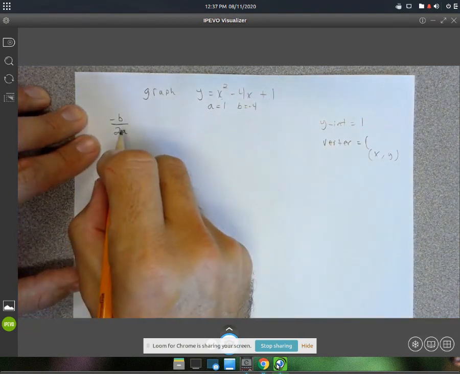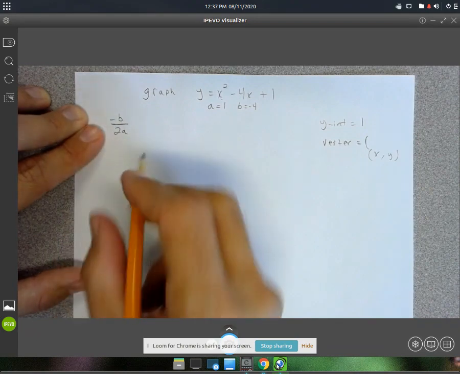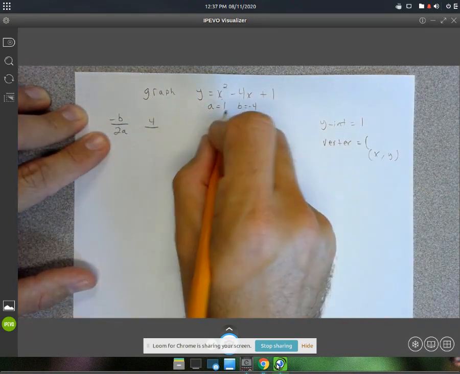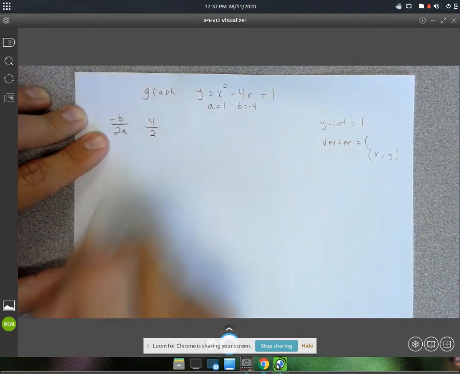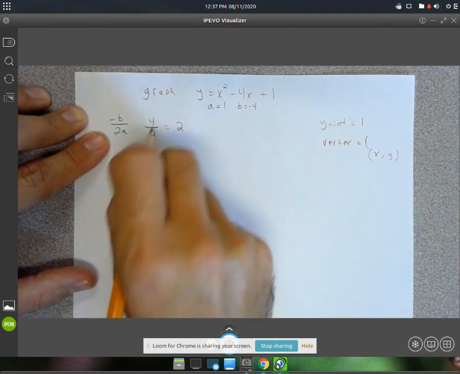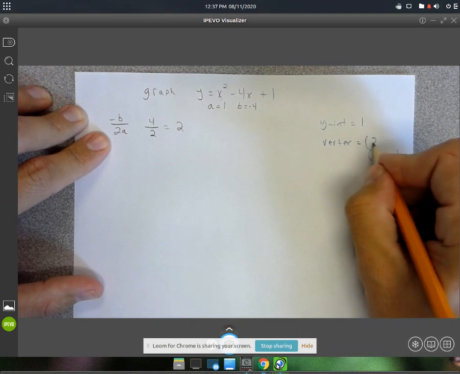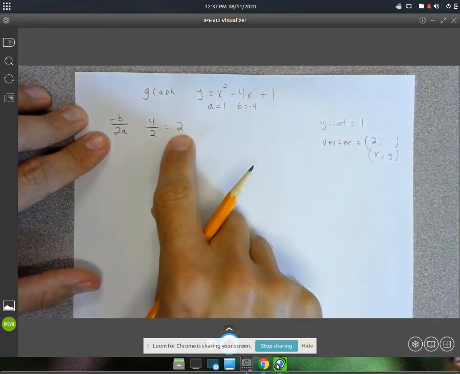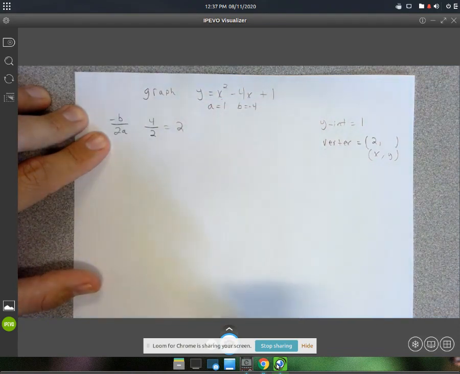So negative of a negative b is going to be a positive 4 over 2 times a, so 2 times 1 is just 2. 4 divided by 2 is 2. So the x coordinate is 2, and then to find the y coordinate, you're just going to plug that 2 back in for x up here.